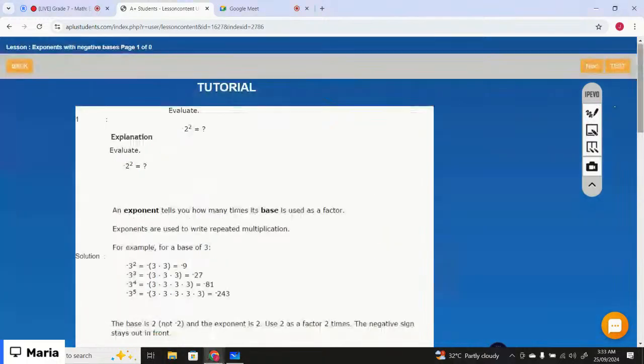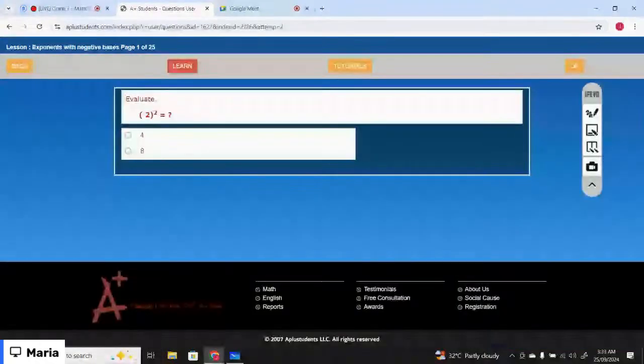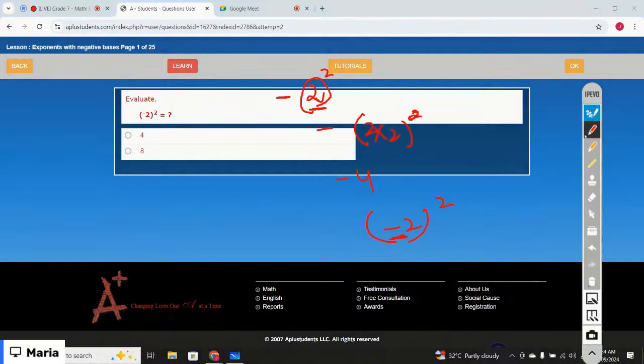Let's just start with the test questions. Evaluate. That's the same one I just explained. Now the negative sign is inside the bracket. That means the exponent 2 is of both the negative sign and 2.